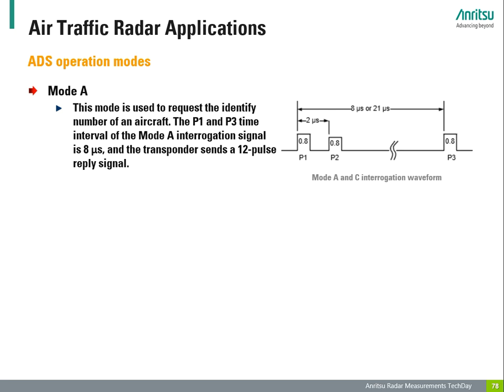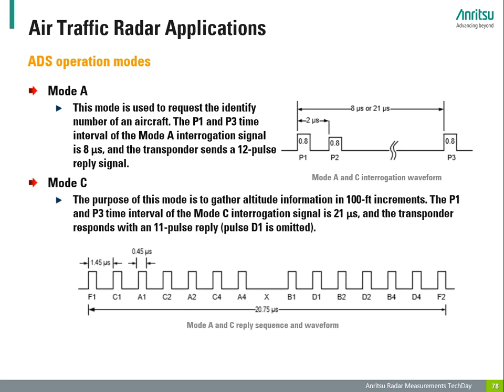In the next 3 slides, we are not really going into the details itself. It is meant just as an overview about the different ADS transponder operation modes. Here on this slide, we are seeing the signal pattern of the so-called Mode A. And here, we are seeing the details of the so-called Mode S signal pattern.